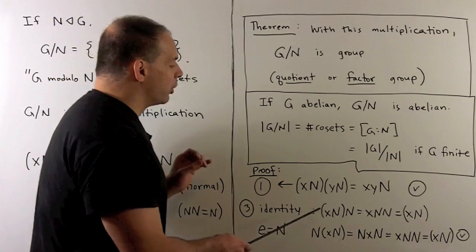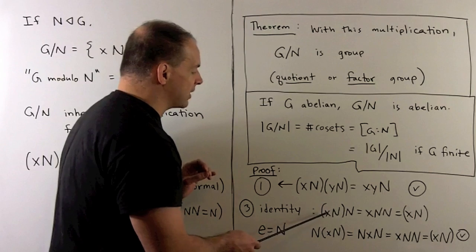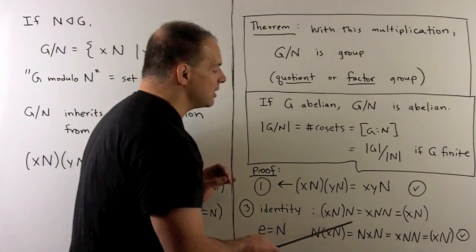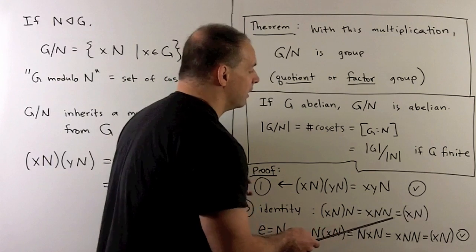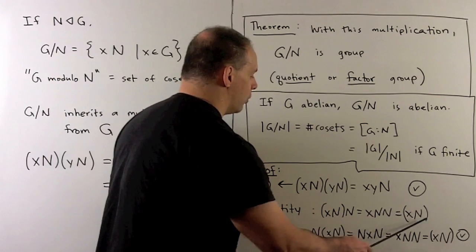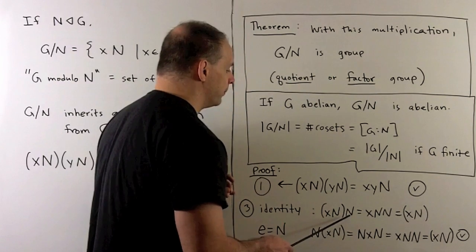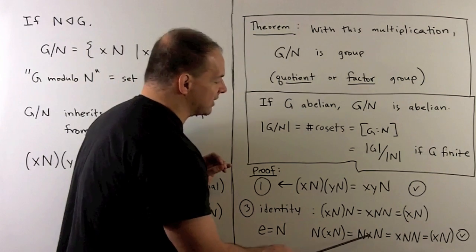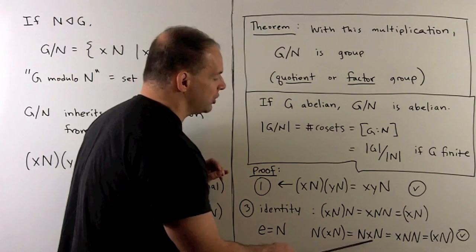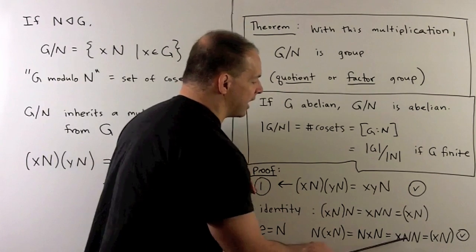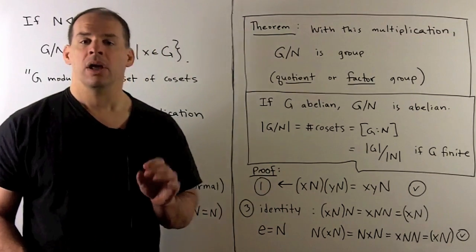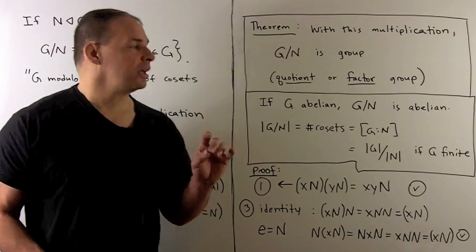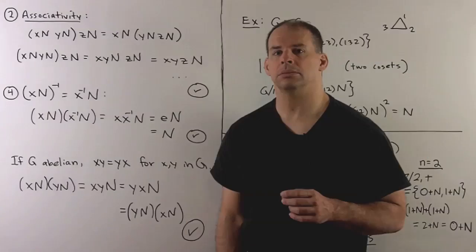Now, if we multiply a given coset, say xn, by the identity, which is n, I can remove the parentheses, and n times n is n. So that holds when we put the n on this side. On the left side, we have n times xn, and we can use normality to make the switch. So we begin with xnn, which is xn. That shows that the normal subgroup n is the identity element in the quotient group.